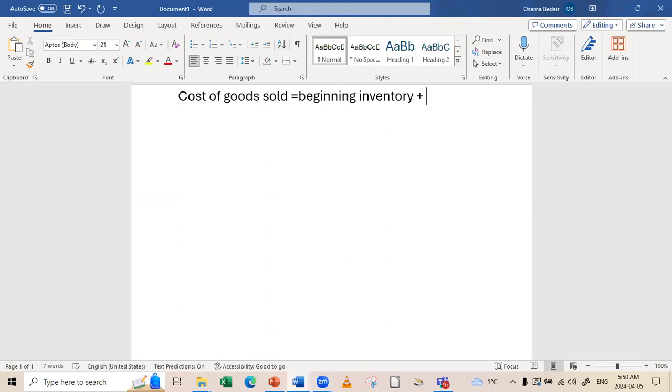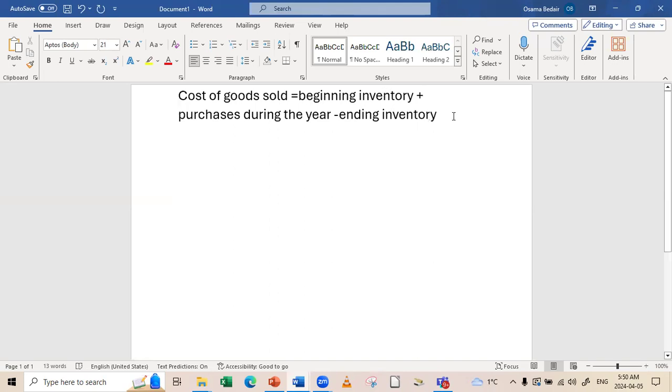Plus the purchases during the year, minus the ending inventory, which is kept inside the warehouses without selling, at the end of the year.